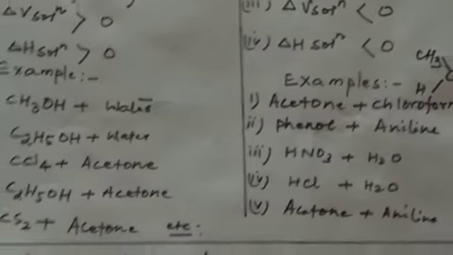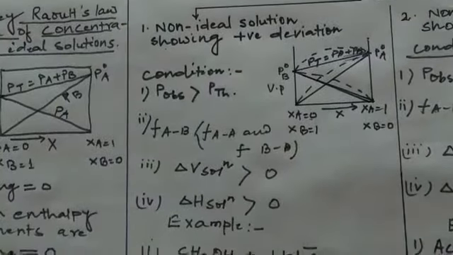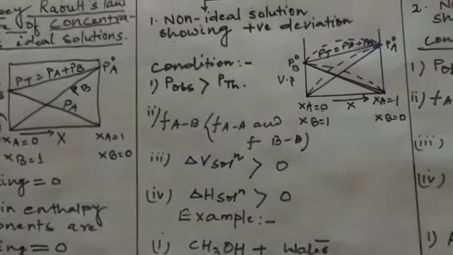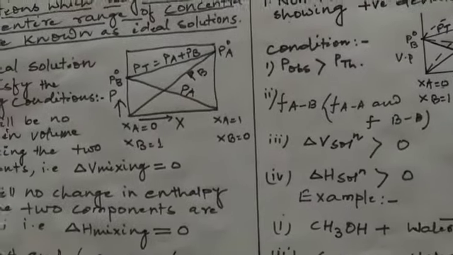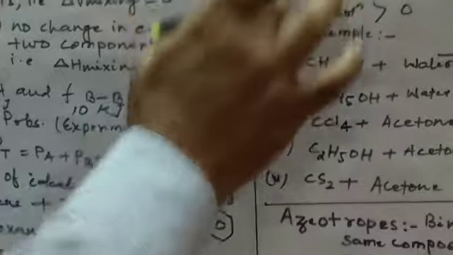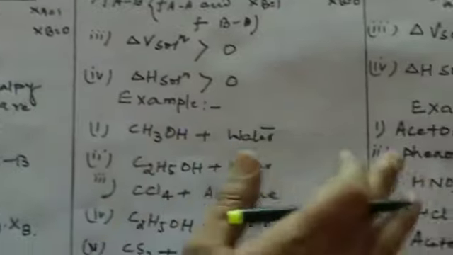So revise this topic: ideal solution, non-ideal solution. And what is the reason for the non-ideal solution? Either the enthalpy change or the volume change should be greater than 0 or less than 0. What are the examples for solutions showing positive and negative deviation?